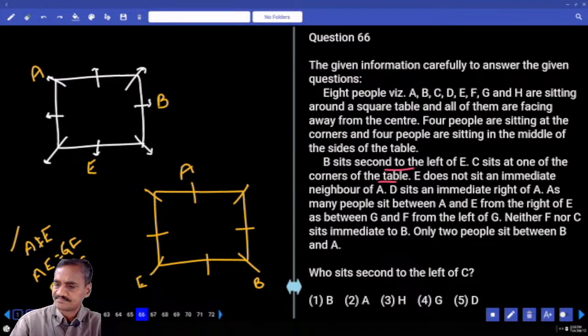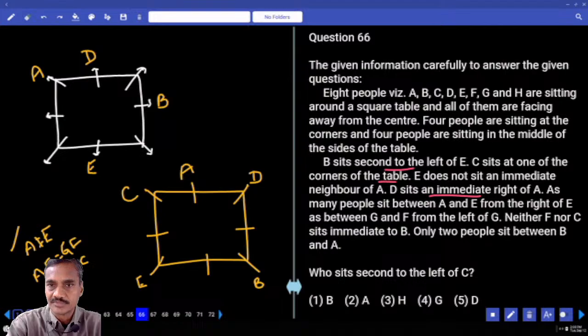And the next one, D sits to the immediate right of A. Where is this D? D is an immediate right of A. As D is an immediate right of A, C must be at the corner, isn't it?